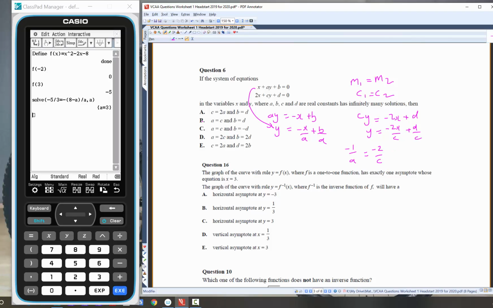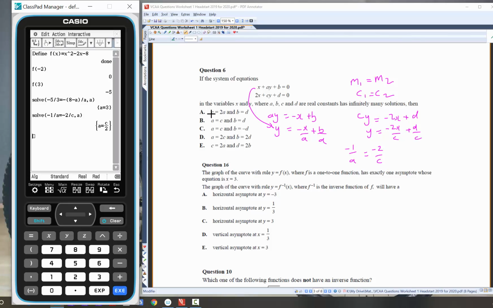All right, so let's have a look at what our options are. A equals C, A equals C, A equals 2C. Maybe let's just quickly do this on the calc. So I'm going to go solve. Negative 1 over A equals negative 2 over C. Solving for A first of all. A is C on 2.